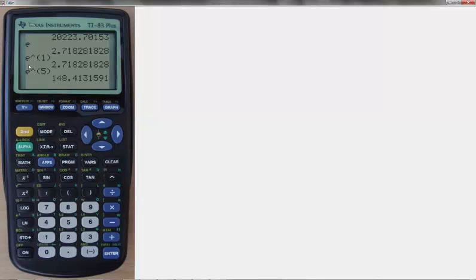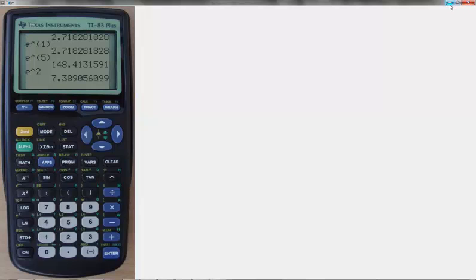Generally, I use this function a lot, but it doesn't matter. If you wanted to do e to the 1 using this function, it would be perfectly acceptable, or e to the 2. You get the exact same values no matter which function you use. It's just a quick key. Like, I don't really need a square key. It's just we square things a lot, so they put that on there.